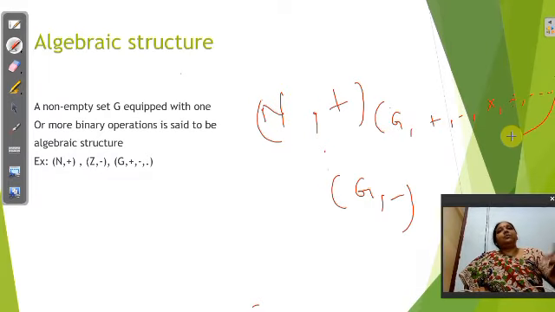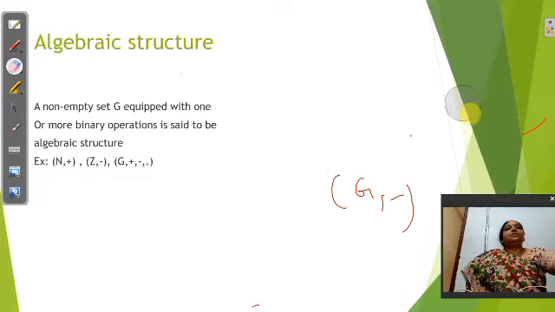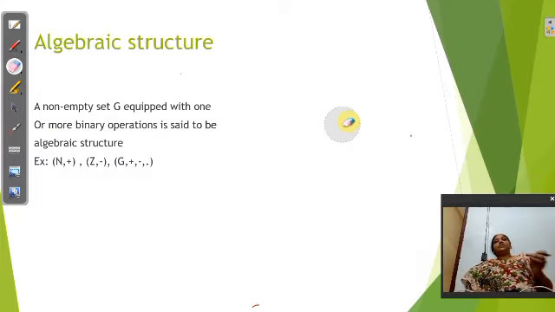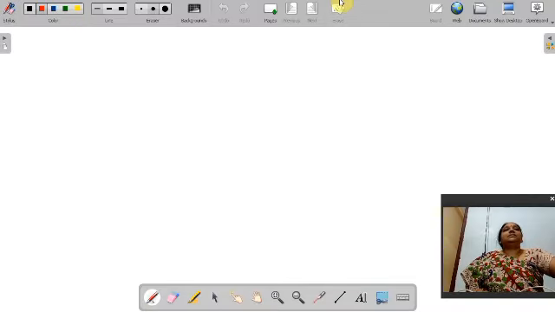The combination of the set and the binary operations is called an algebraic structure. What is the definition of algebraic structure? A non-empty set G equipped with one or more binary operations is called an algebraic structure.